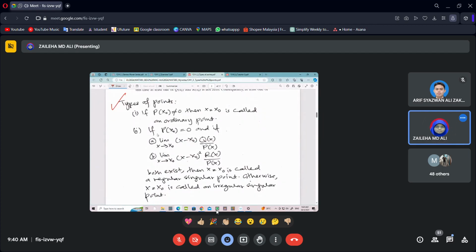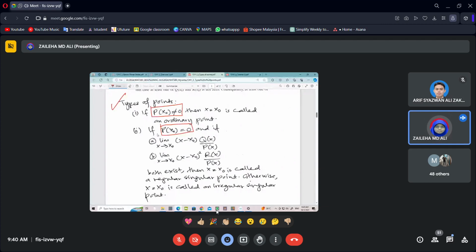In order to know the type of point, yang ini you kena remember. Whenever the output for your P of x is not 0, then x0 should always be ordinary point. Whenever the output of your x0 in polynomial P is 0, then it should be called singular.